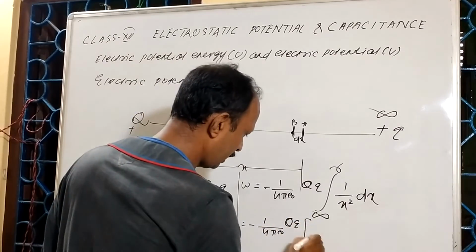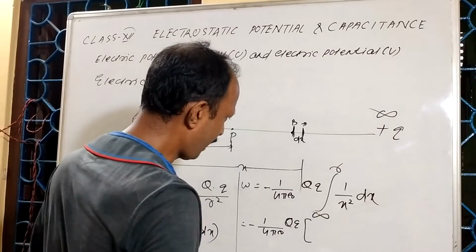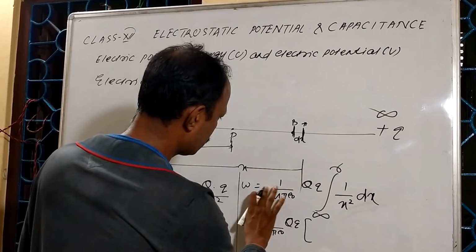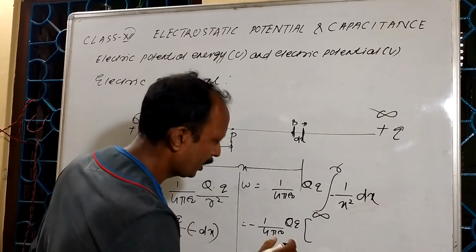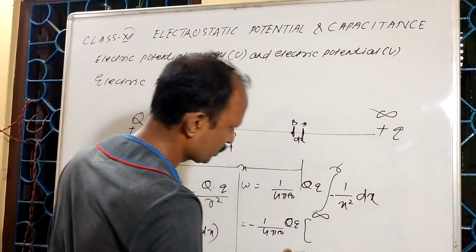This is constant, 1 by x square is x to the power minus 2.